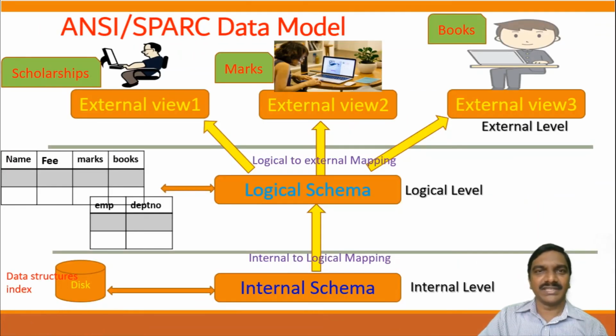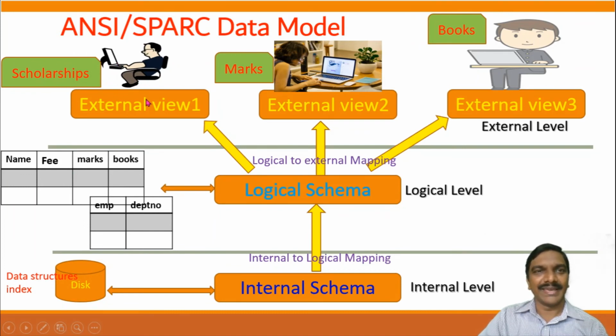Now if you see this diagram, I think you can somewhat clearly understand different types of views. For example, the data are actually stored in the disk, data structures and index, all these things are dealt by the internal schema or the internal level. Now in the logical level, we have a table like this: student table and employee table, and this person wants to view only scholarships.